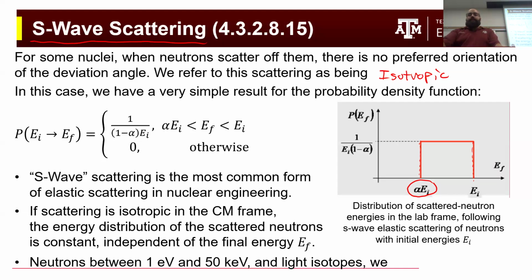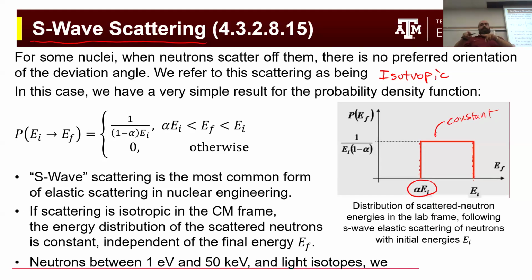And what it basically means is that for these different energies that our neutrons come out and corresponding different angles that they come out, the probability is constant. And so this is very, very accurate for neutrons, certainly in the slowing down range.